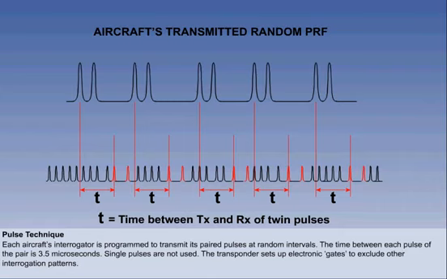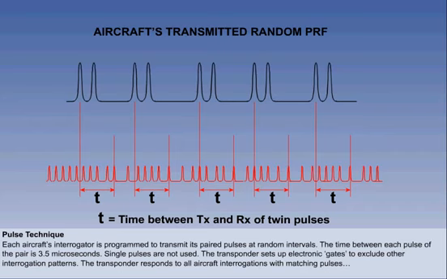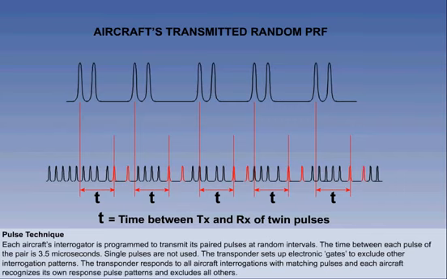The responses on the transponder's carrier frequency include an individual aircraft's paired pulses plus those from other aircraft. The receiving equipment of an aircraft is designed so that only the responses which match its PRF are allowed through the gates. The pulses have now achieved lock-on, and the DME leaves search mode and enters tracking mode.